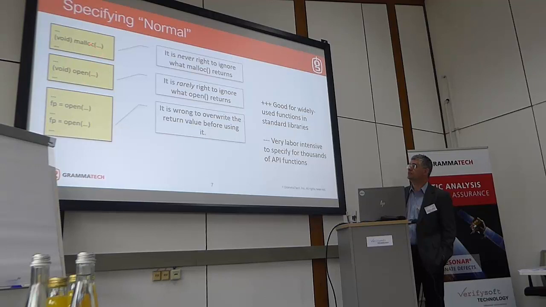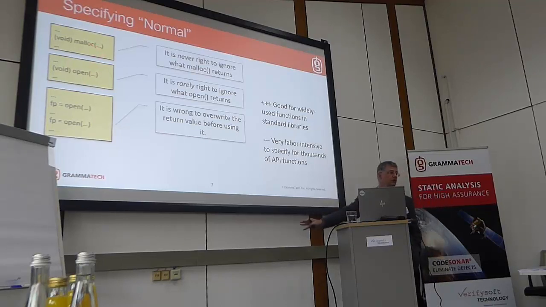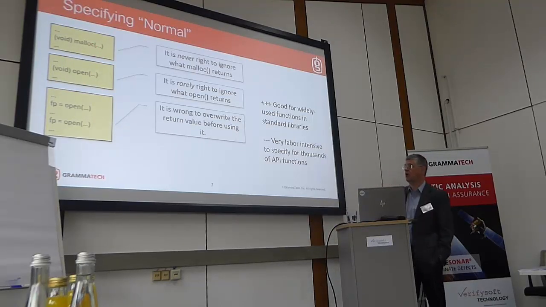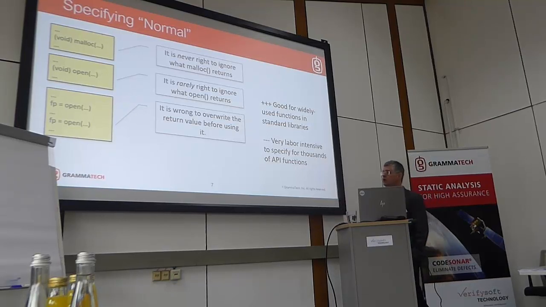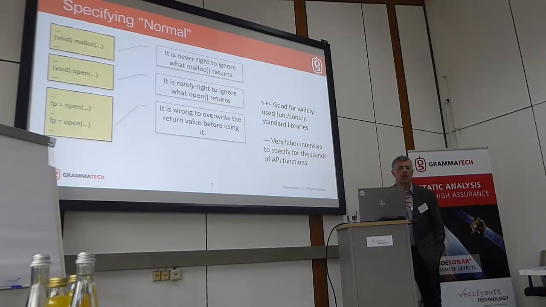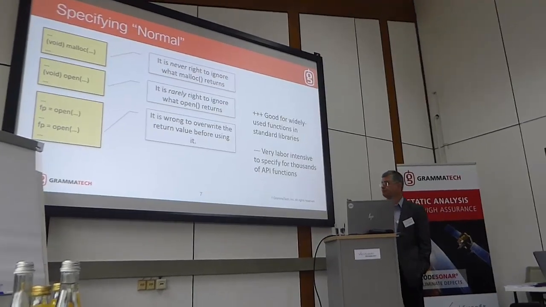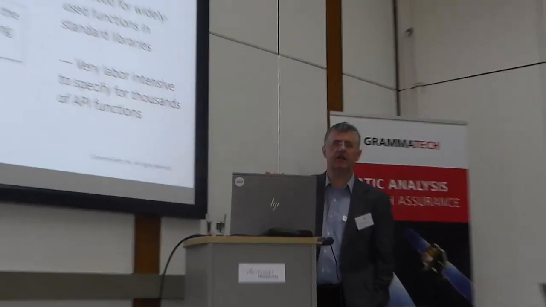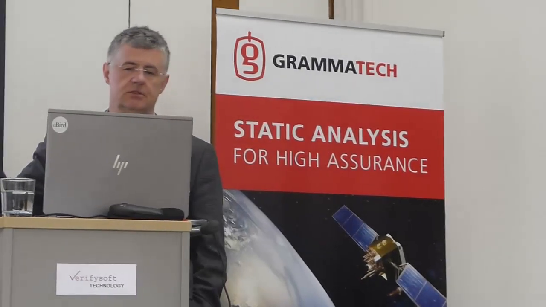Now, these functions, malloc and open, are very widely used. They're used in almost all C programs, and indirectly in C++ programs as well, because malloc is just like new. So static analysis tools, because they know what these functions are supposed to do, have that knowledge built in, and they can have checks that exploit that knowledge to find problems.